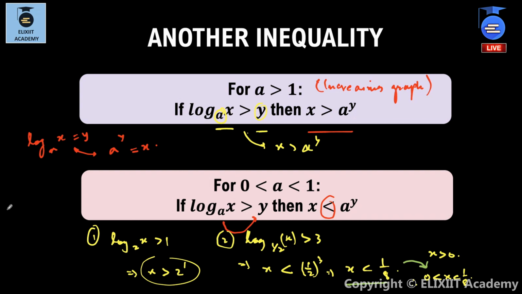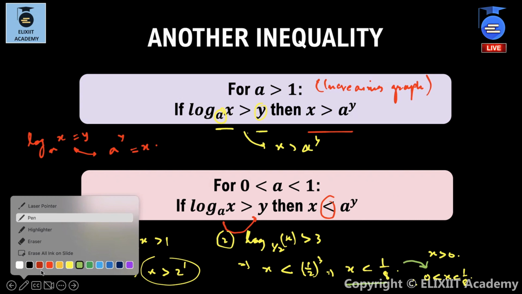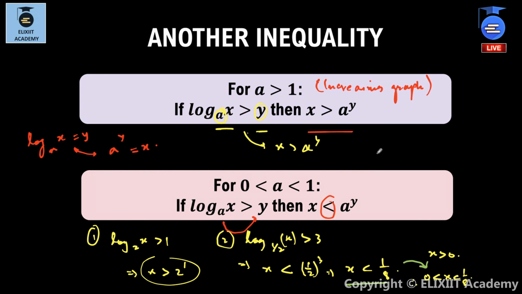You do one more question. Tell me what is the values of x for which this particular inequality is satisfied. Suppose, let's say log x base half is more than 2. You tell me what are the values of x for which this inequality is satisfied?